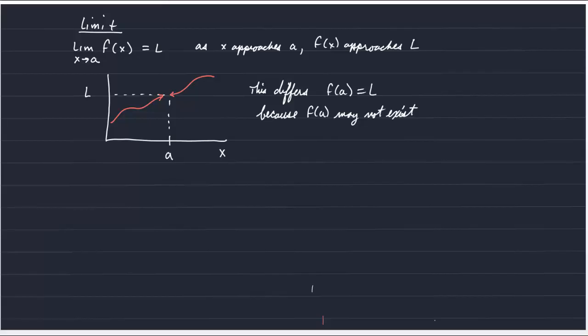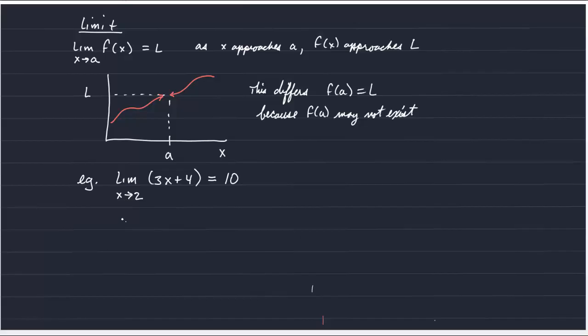So let's consider an example. Let's consider as x approaches 2, let's look at what 3x plus 4 approaches. This is a relatively simple limit because this is a continuous function, and f of 2 does exist, and the answer is of course simply 10.